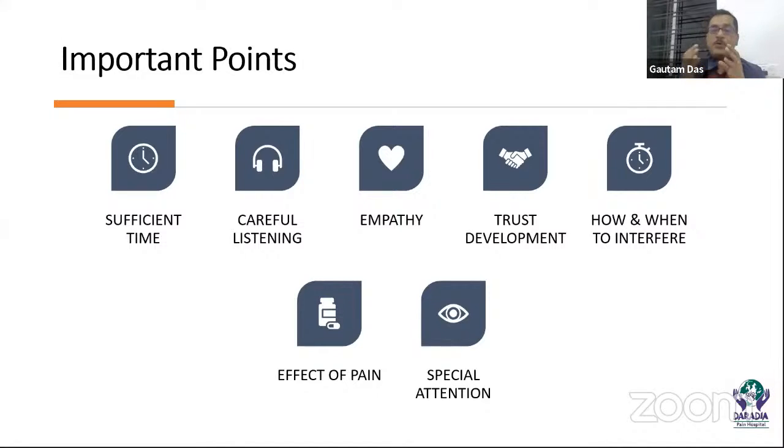If somebody is having knee pain, some sets of questionnaires are there. If somebody is suffering from headache, some sets of questionnaires are there. For headache, the questions and for knee pain, the questions are not the same. This is your specific history.